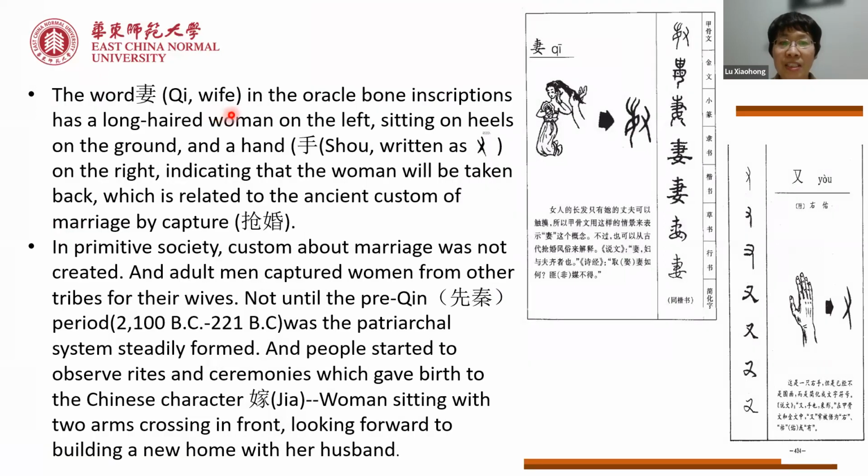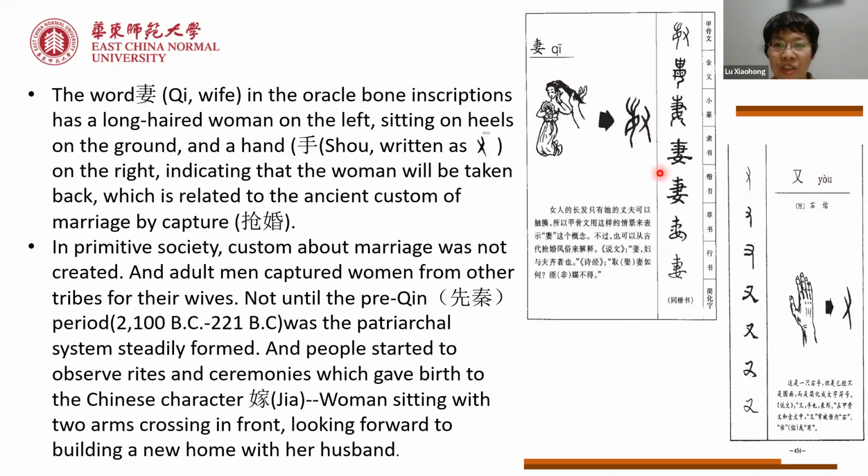The word 妻 in the oracle bone inscriptions has a long-haired woman on the left and a hand, 手, on the right, written like 又.